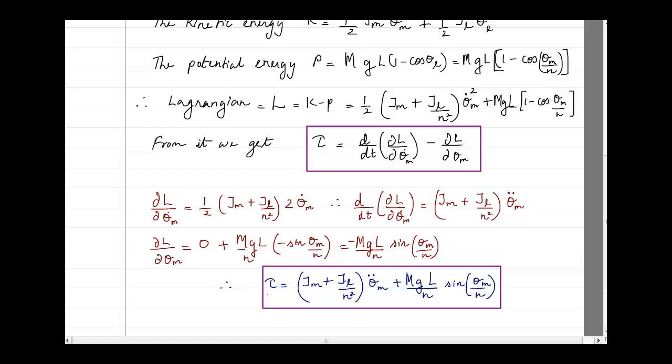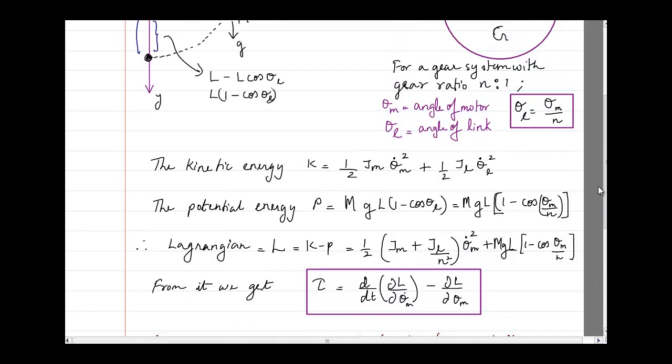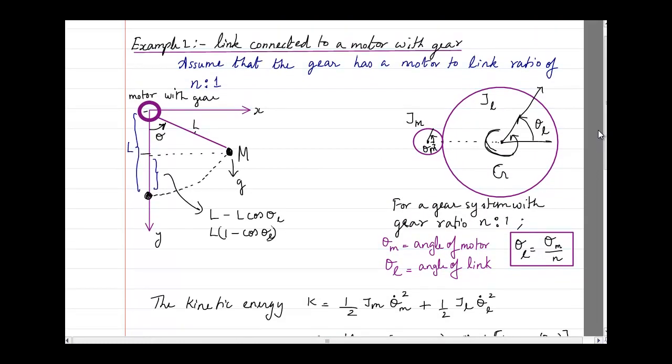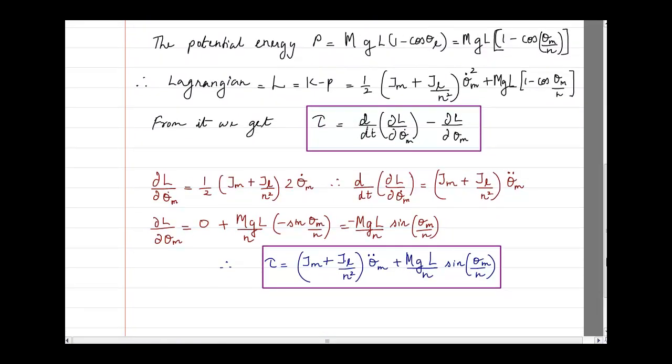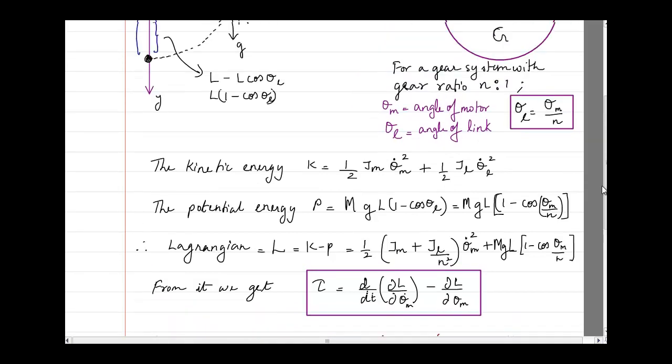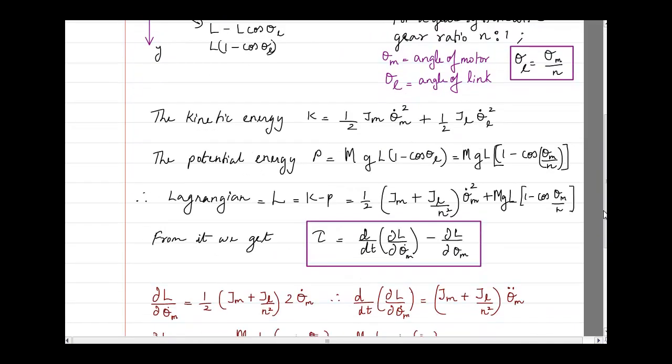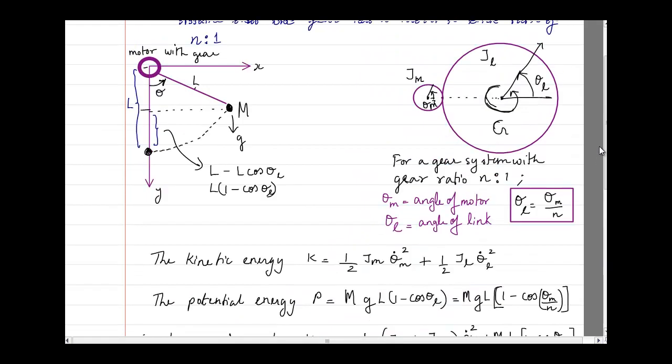And what is tau? Tau is the amount of torque that has to be given by the motor so that the mass is lifted up, as it is shown here. And as I said previously, the kinematic equation will never give that. Only the dynamic equation will give that, and that is what this formulation is. Okay, so this was the second example.